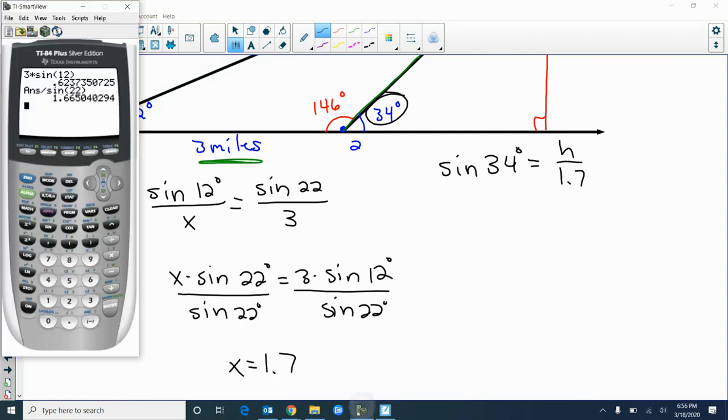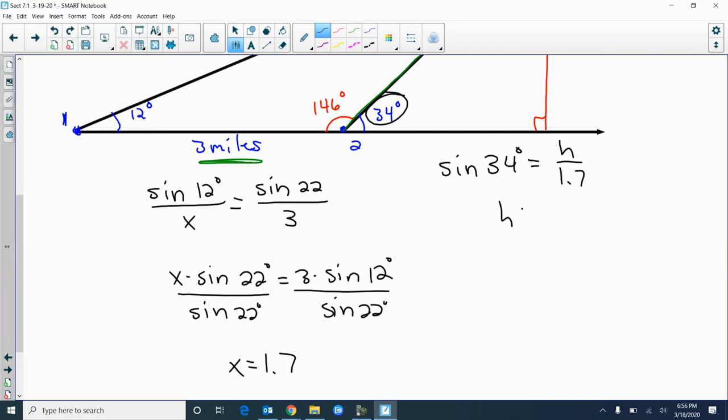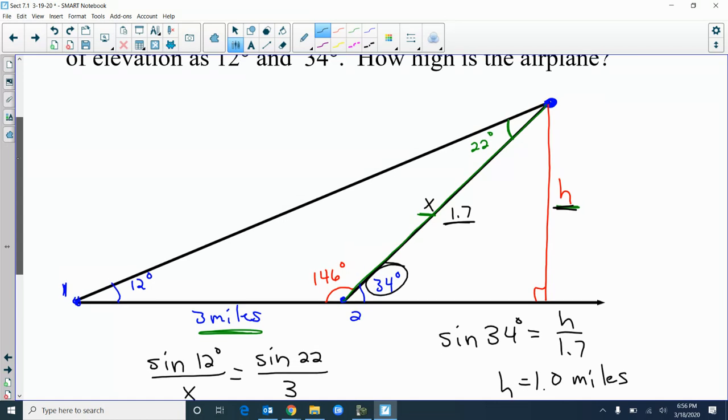And then take sine of 34 times 1.7, and then I get 0.95, and I'm going to round that to the nearest tenth. That'll round up, and that'll give me 1.0. So the height is 1.0 miles to the nearest tenth. Okay, so sometimes you have to find another piece of the triangle, and that happens a lot in this chapter.